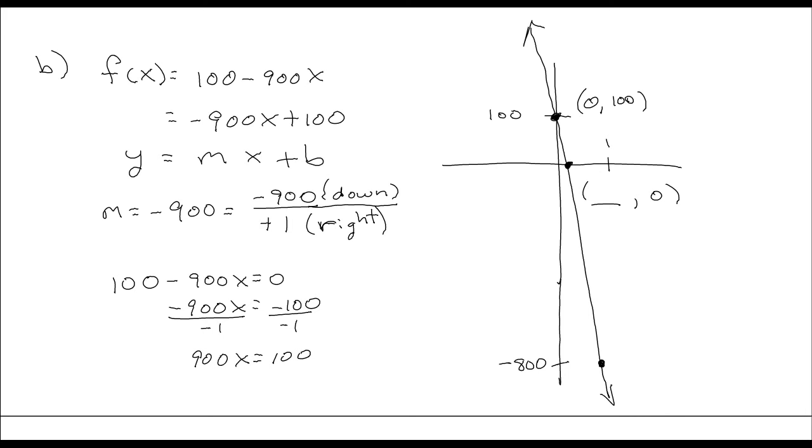Now I could have done this in one step. I could have just said divide both sides by negative 900, but I didn't, so here we go. Divide both sides by 900. So that means x is equal to, in simplified form, 1/9. So the x-intercept is 1/9, 0.